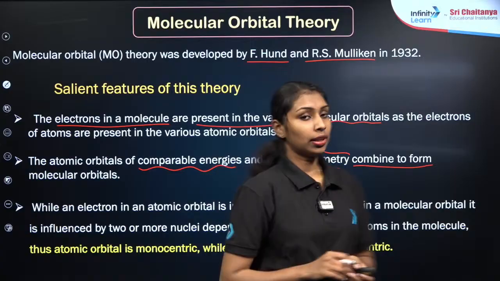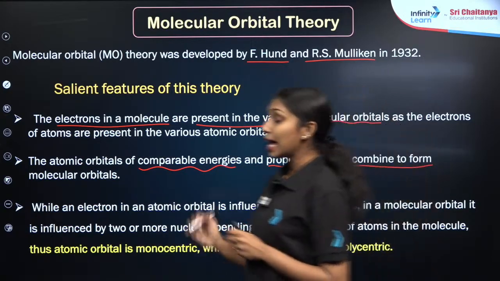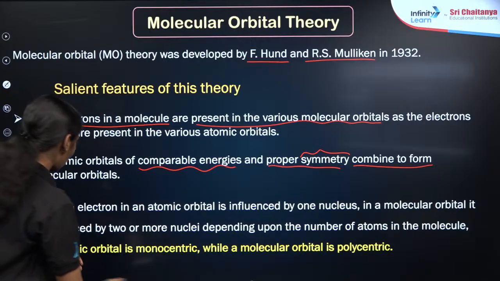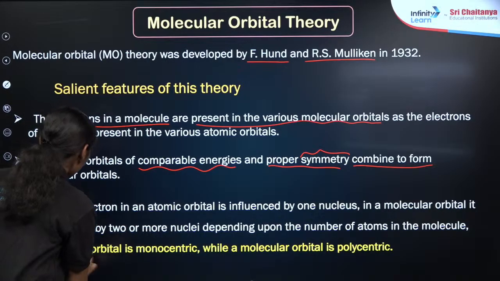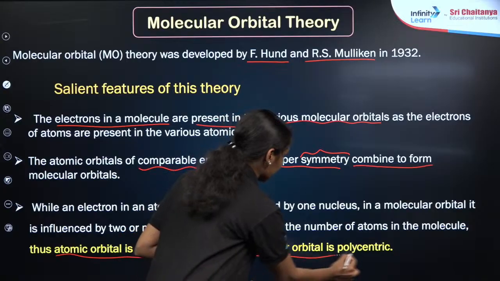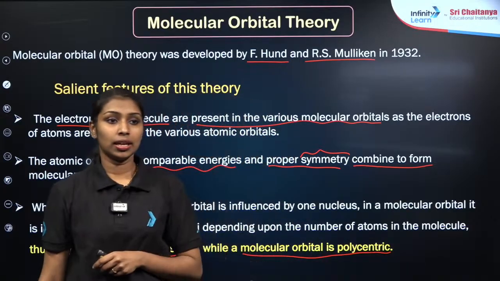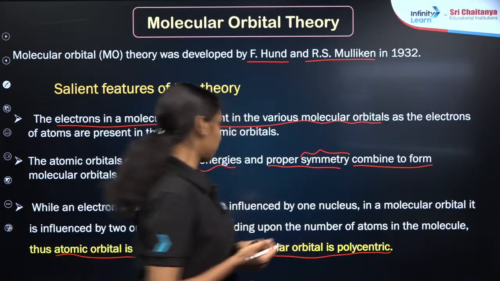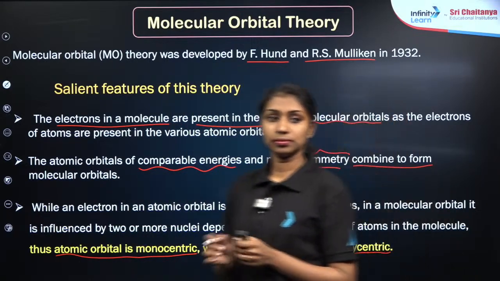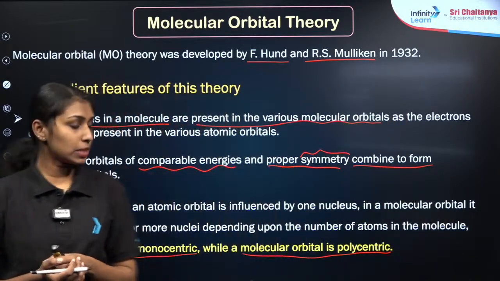Now, there are some differences between atomic orbital and molecular orbital. As you can see here, I have already highlighted that an atomic orbital is monocentric while a molecular orbital is polycentric. What do you mean by that? This is based on the nucleus.